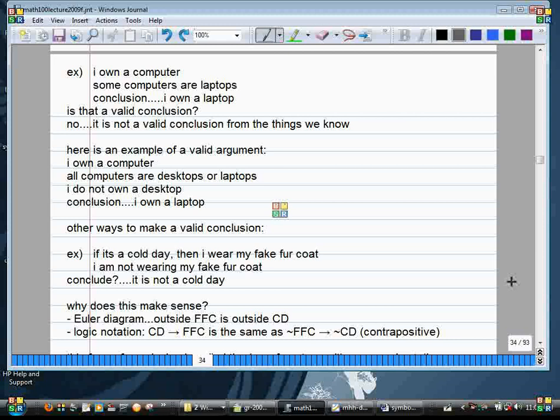It lets us analyze the argument in a way that, informally speaking, follows the rules, and we can be very clear about what's a valid conclusion and what's an invalid conclusion and why. That's what we're learning how to do right now: to analyze these things in a formal way, always being able to justify what we're doing using rules. The rules that we should always be using when we're reasoning, but don't always.